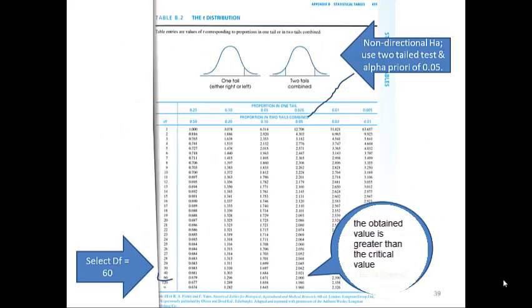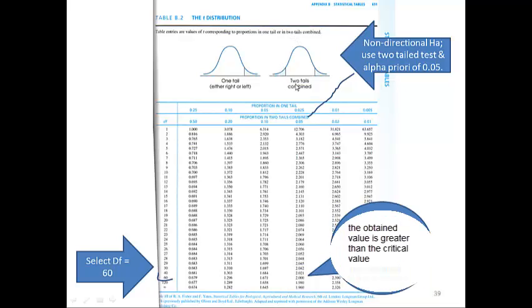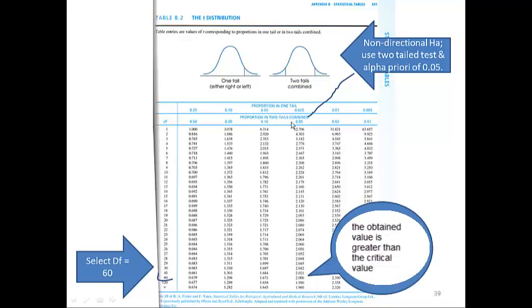If you are looking at the table in the back of your book, I found one similar to it. First thing that we do, since our hypothesis is non-directional, we're going to select this 2 tails. And that would look at this lower level here. We've checked the 0.05 alpha a priori level.